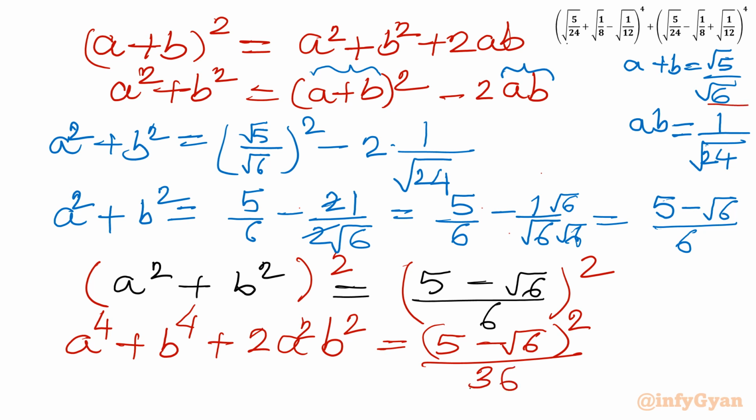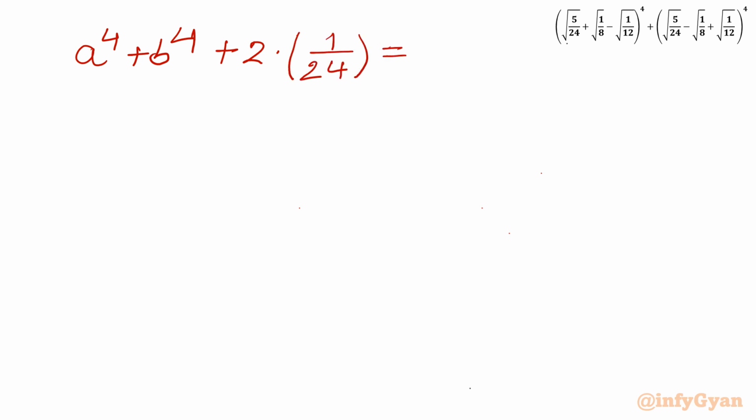Now we have to apply ab equal to 1 over root 24 here. So a square b square will be 1 over 24. So let me write here a power 4 plus b power 4 plus 2 times 1 over 24 equal to 5 minus root 6 whole square divided by 36.